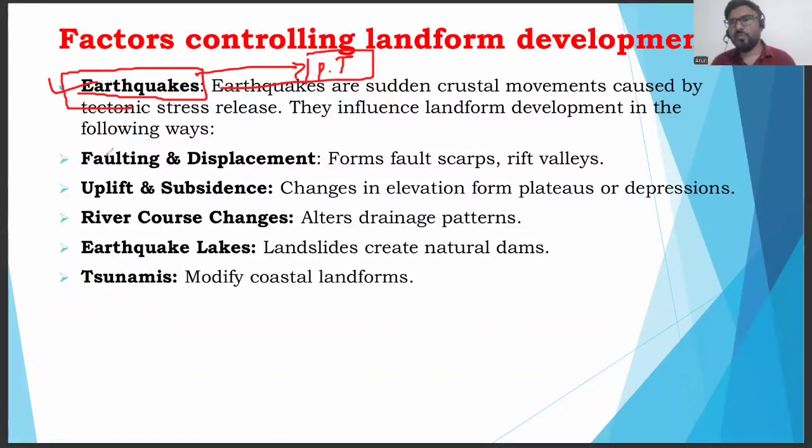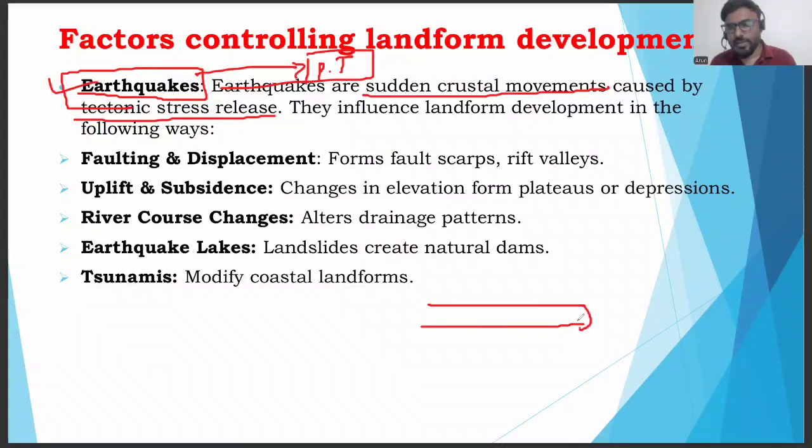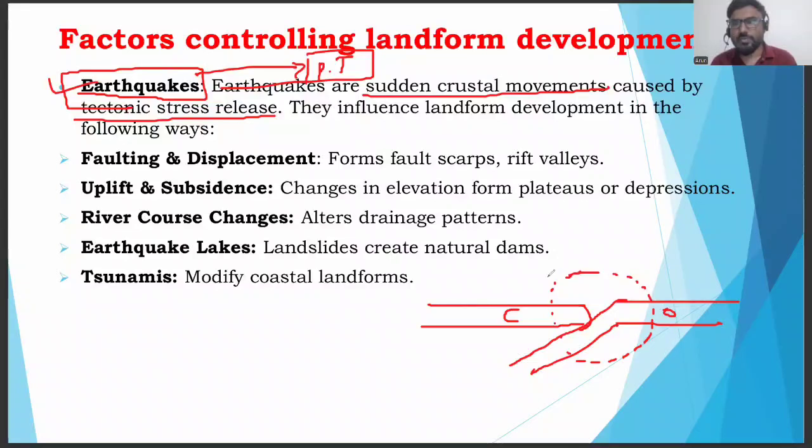So what are earthquakes? Earthquakes are sudden crustal movements caused by tectonic stress release when there is a convergence of two lithospheric plates. Suppose this is a continental plate and this is an oceanic plate. This gets subducted beneath the continental plate and leads to the formation of a zone of subduction.